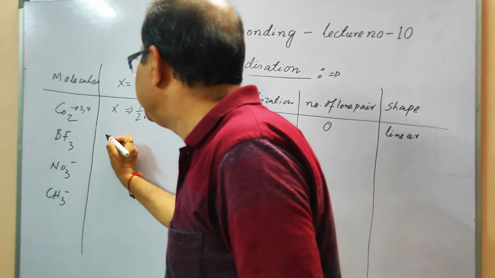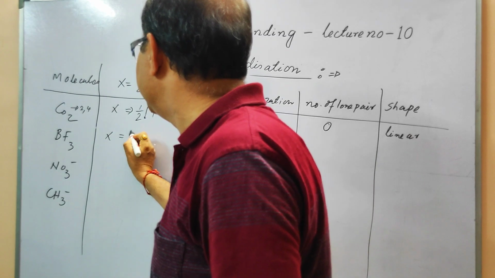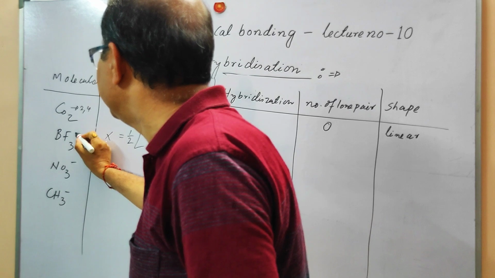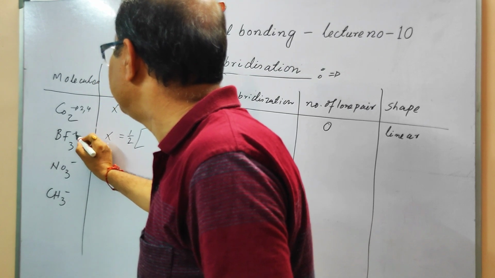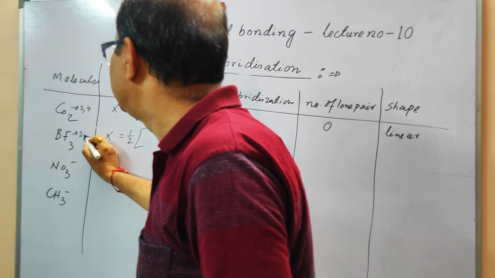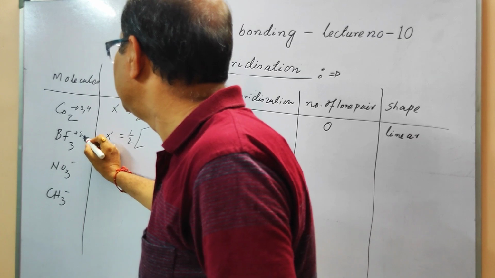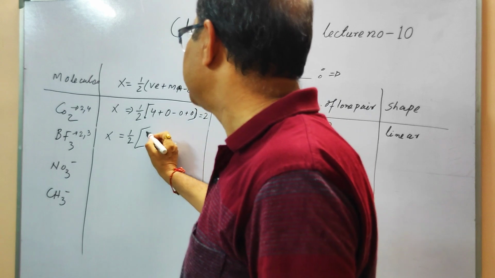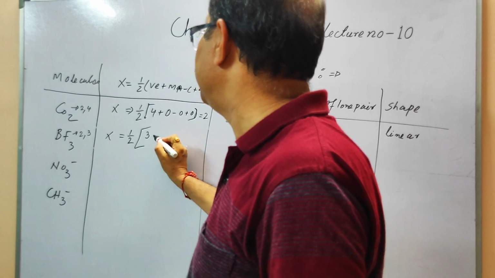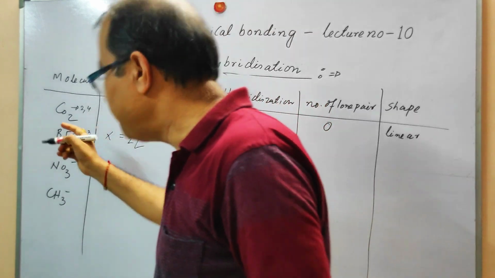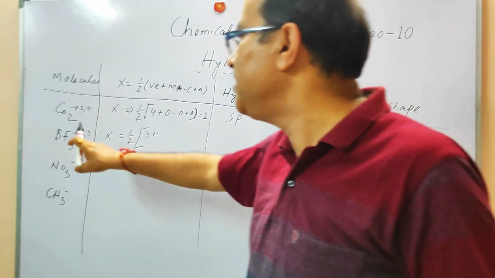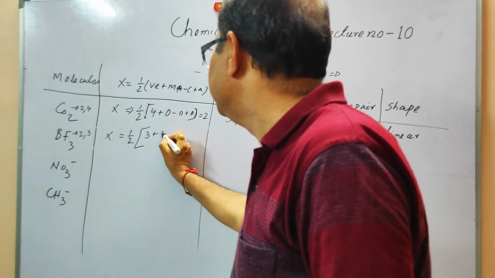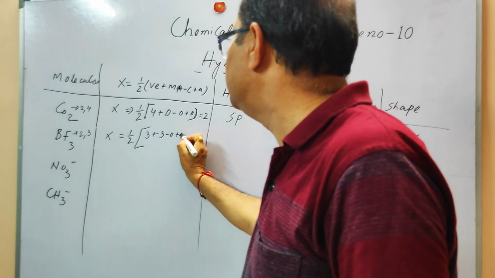Okay, and BF3, what is the X? For boron we know the electronic configuration is 2, 3, so the valence shell electrons are 3, and the number of monovalent atoms, here fluorine, is 3, plus 0.